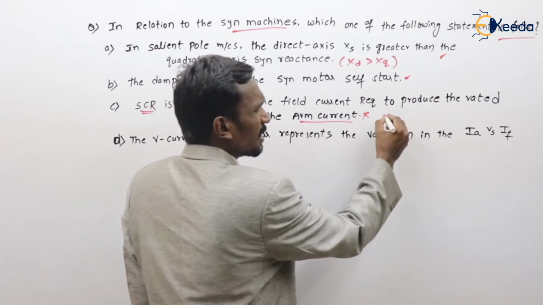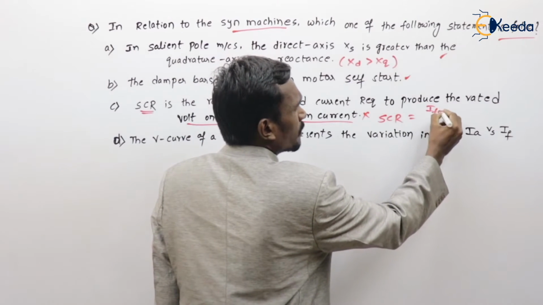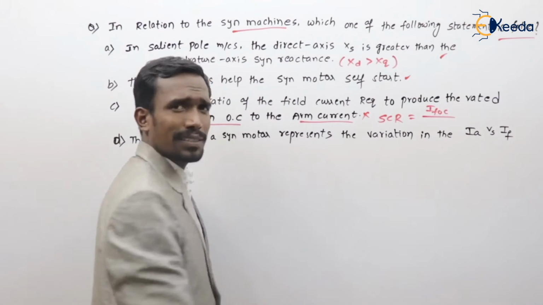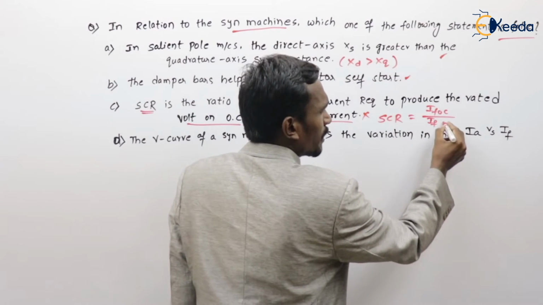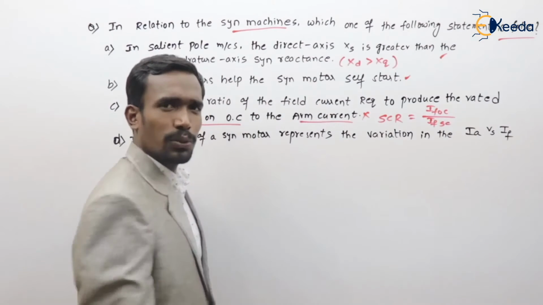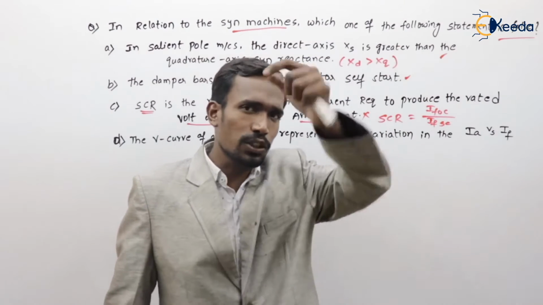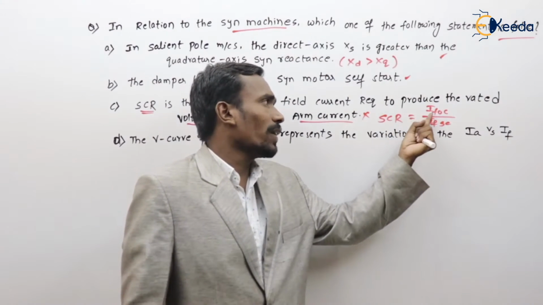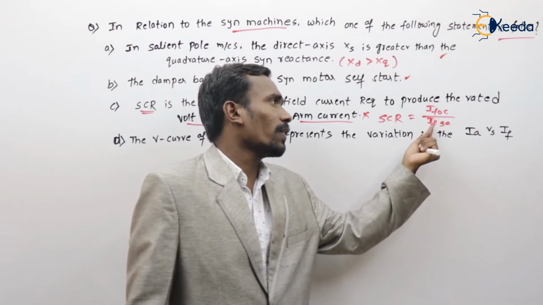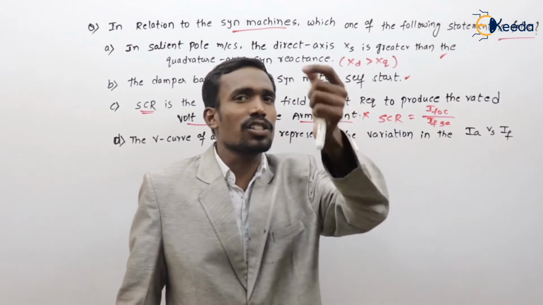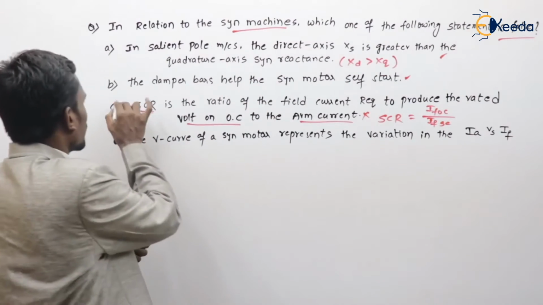What is SCR? SCR, short circuit ratio, is the ratio of the field current required to produce rated voltage on open circuit to the field current required to produce rated current on short circuit. That is the correct answer. So the third one is the wrong answer, of course.